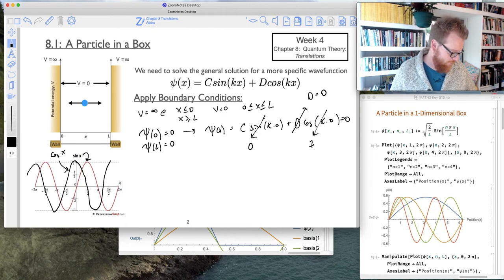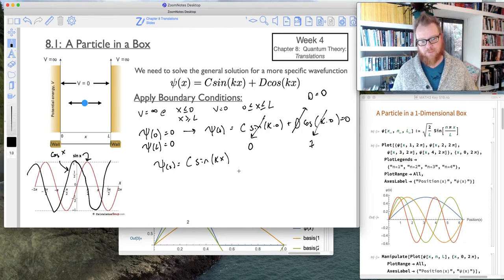So now we reestablish that psi of x has to equal c times sine of kx. We know that when x is 0, sine of 0 is 0, so that's good. We've established that boundary condition.